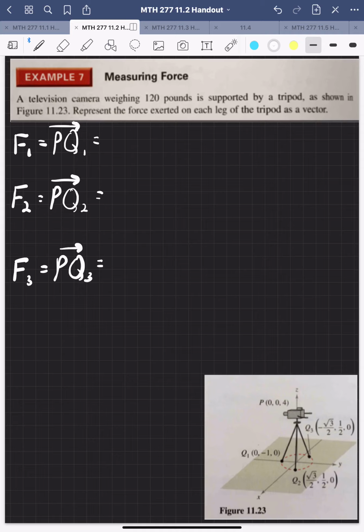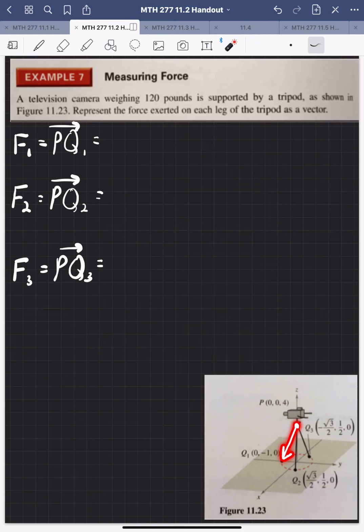So first things first, let's build the vector. This is not bad. You have to remember the direction of the vector, right? Gravity is pulling this camera down to the ground, so we have to assume the direction is important here. So we're going from P to Q.